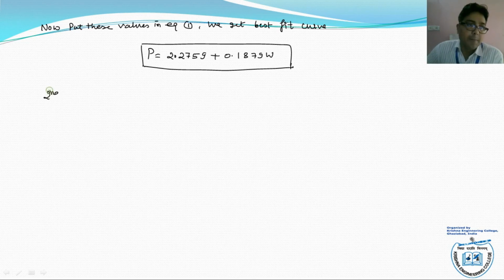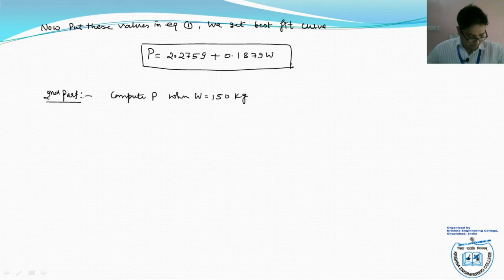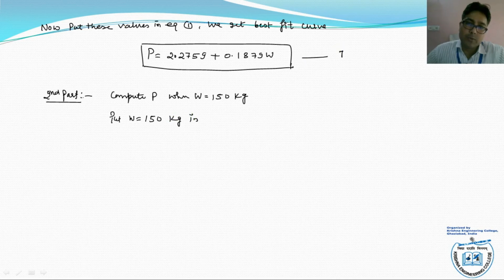Second part. In the second part, now compute the value of P when W is equal to 150 kg. So put W equal to 150 kg in equation 4.